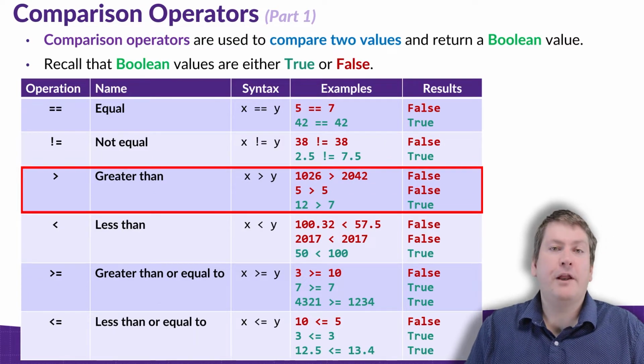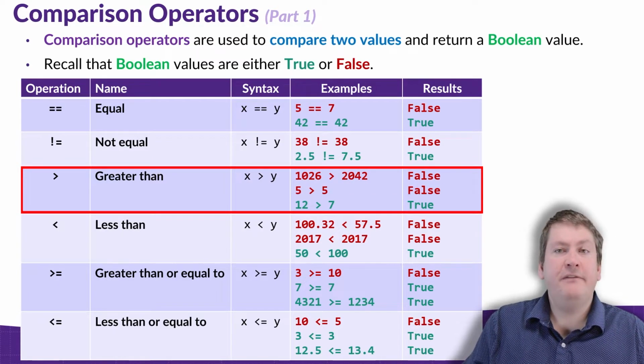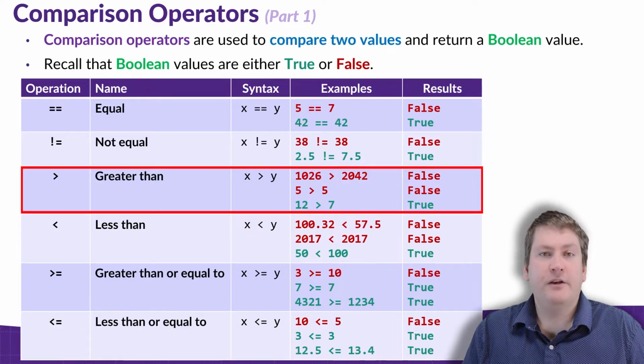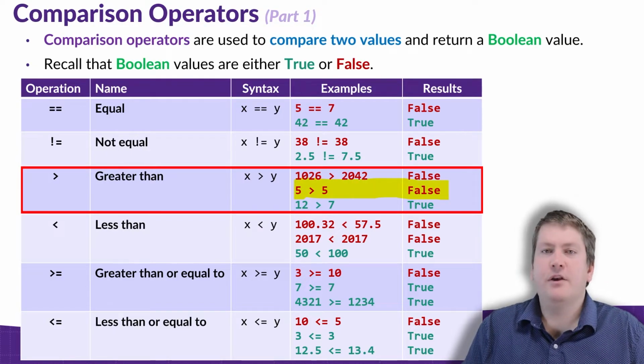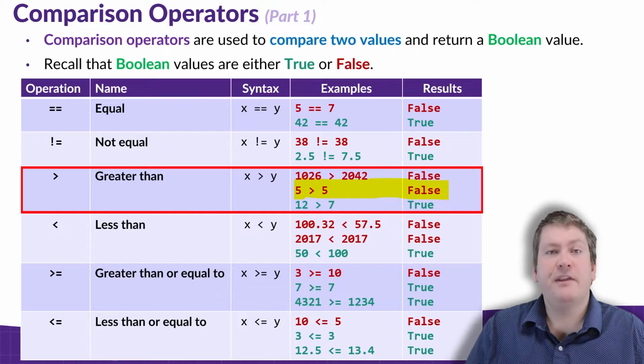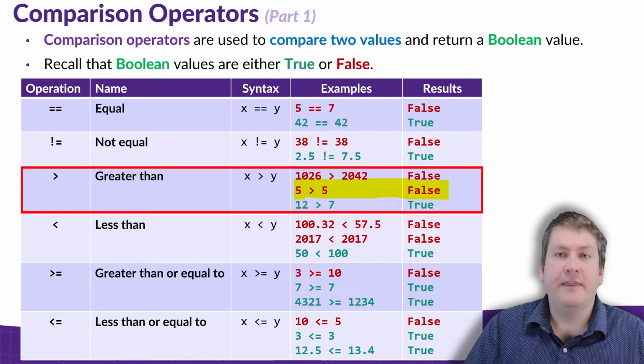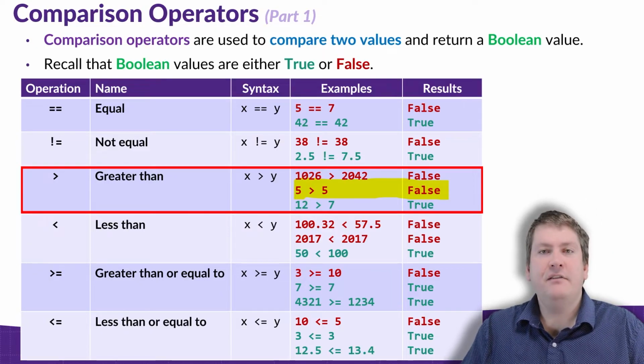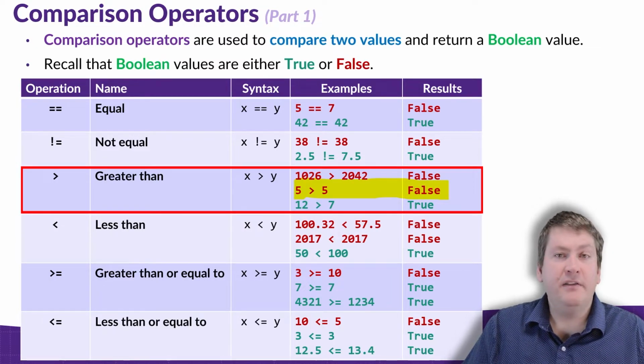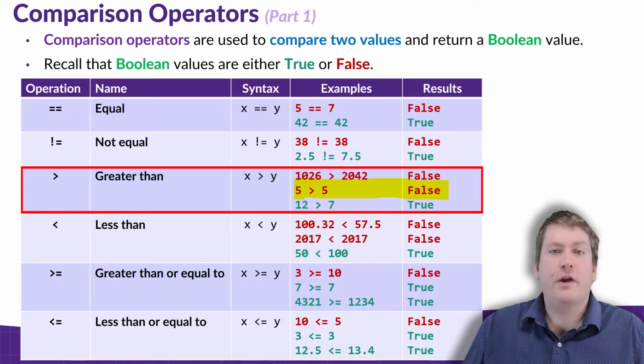The greater than operator returns true if the value on the left is greater than the value on the right. But one important thing to note about this operator is that values that are equal, that have the same value, are not considered to be greater than themselves. So in this case, 5 greater than 5 would be false because the number 5 isn't greater than the number 5.